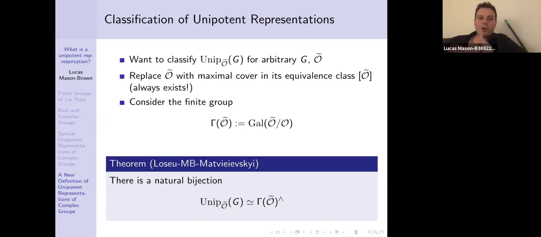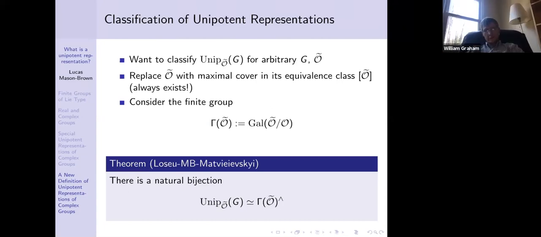And the hope is that all unitary representations of G can be obtained from unipotent representations of a suitable Levi by performing these two operations in sequence. That's the hope. But proving that is more or less equivalent to solving the problem of the unitary dual, which we didn't do in this paper. But the hope, which is borne out in some examples, is that these unipotent representations do form the building blocks.